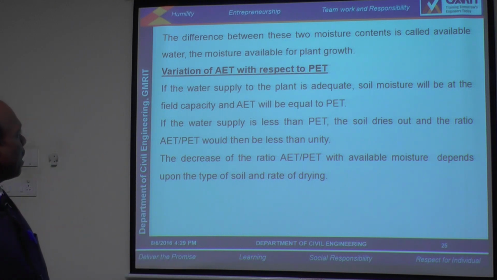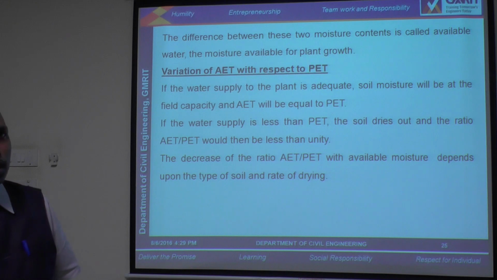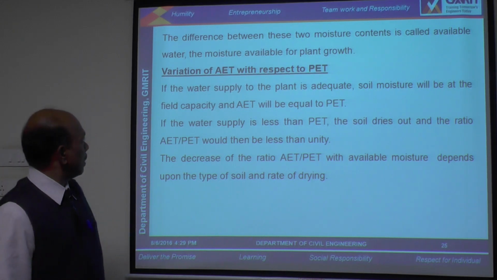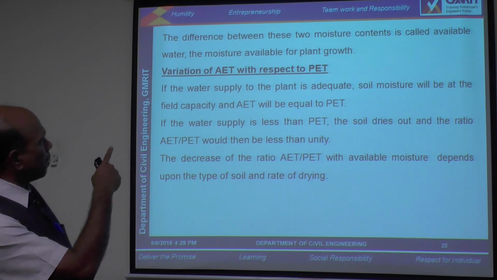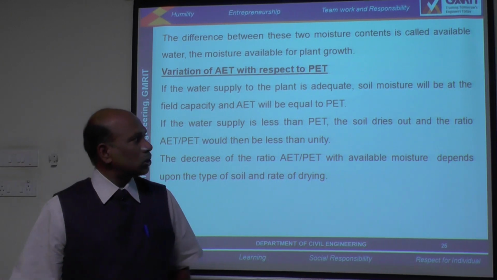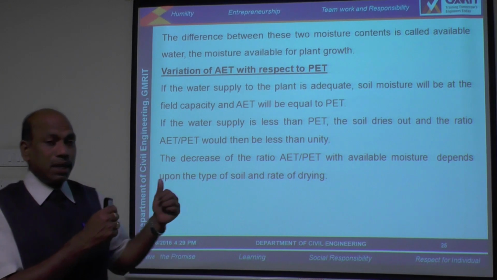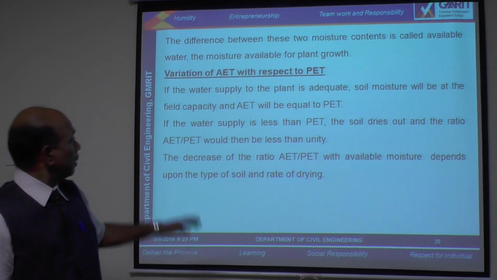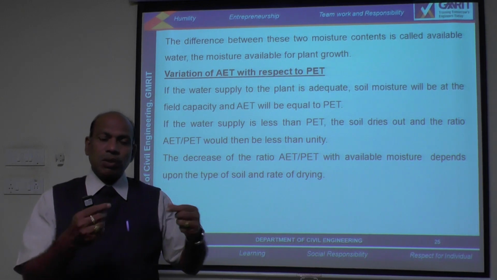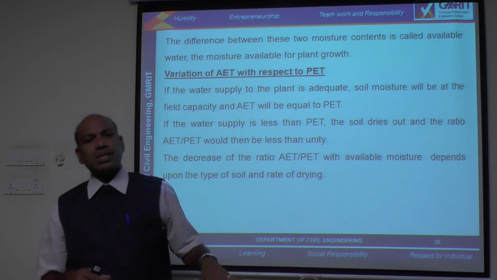Now the variation of AET with respect to PET. Right? Actual evapotranspiration with variation of potential evapotranspiration. Here, if the water supply to the plant is adequate, the soil will be at field capacity. At this condition, AET will be equal to PET, because sufficient water is available for plant growth, the soil being at fully saturated condition.